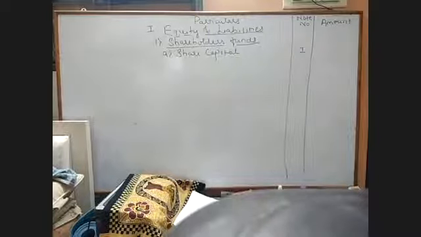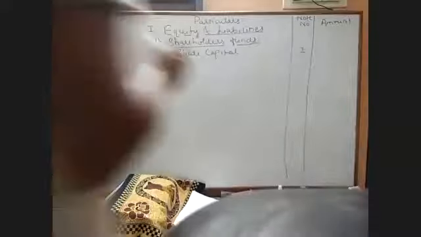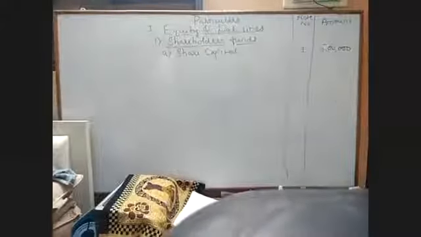So working note number 1, we can roughly do it. If we add preference share capital and equity share capital, it becomes 2 lakh plus 3 lakh. Sorry, is it 8 lakh or 3 lakh? 3 lakh it is. So 2 lakh plus 3 lakh, it will be 5 lakh. Done?